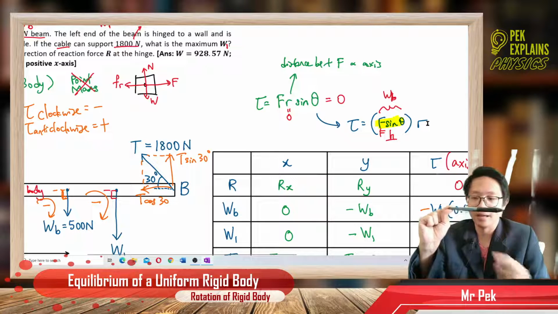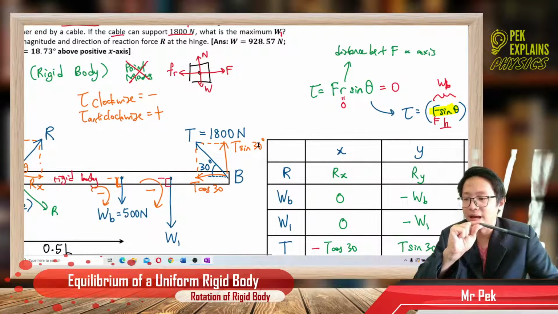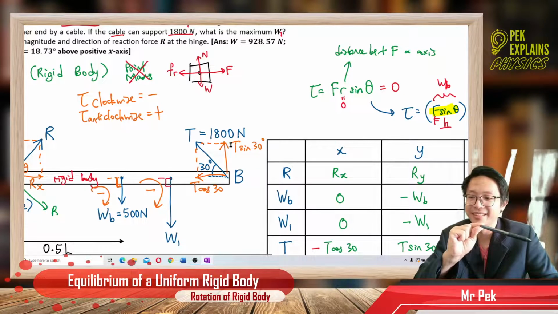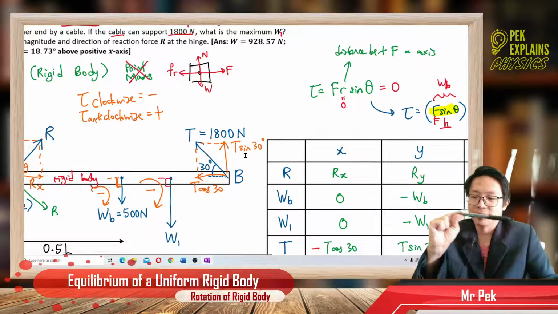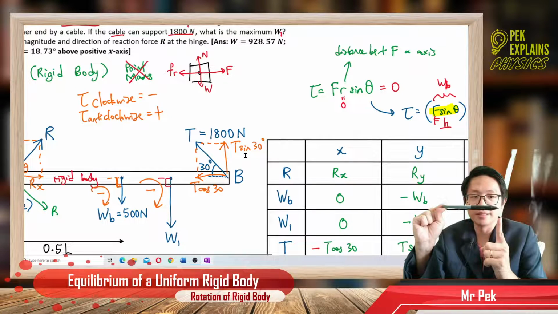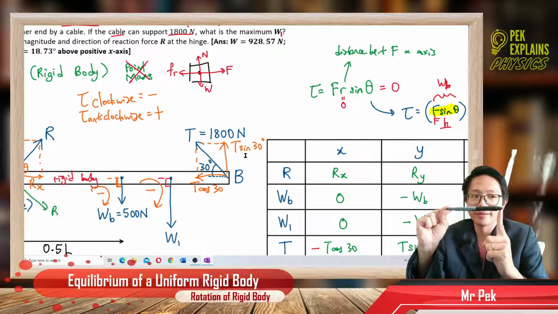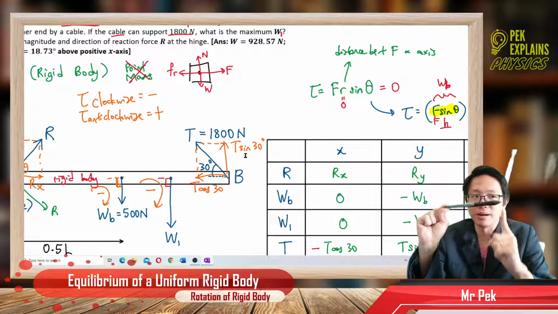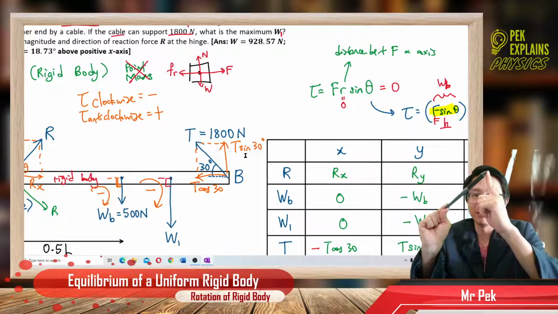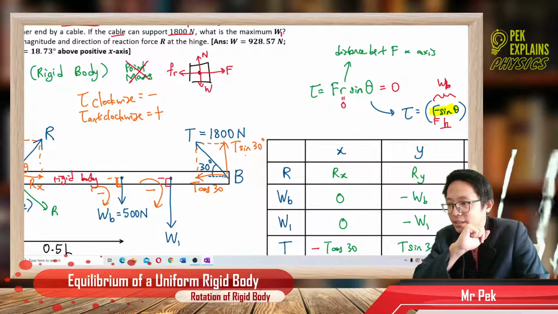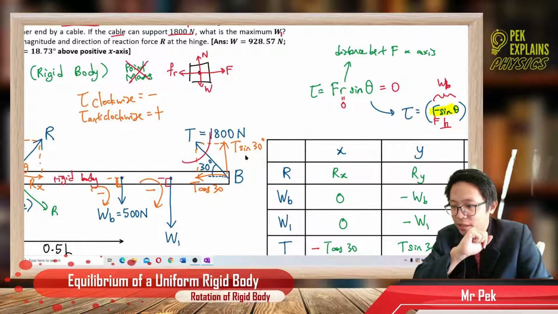We know that for the torque, the F sine theta must be perpendicular to the rod, perpendicular to the R. So which force? Our F sine theta is actually the T sine 30. T sine 30 is pushing up, so this object will rotate anti-clockwise. Torque anti-clockwise is positive.